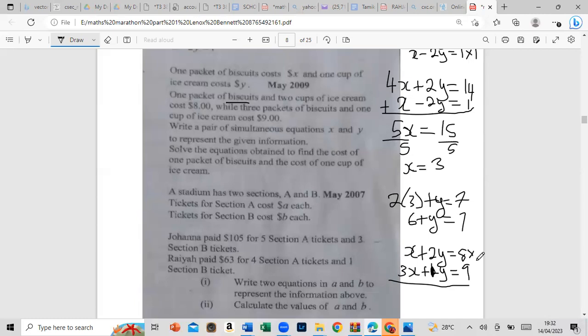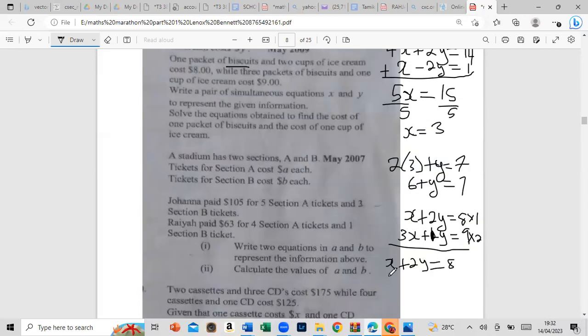Multiply by 1 and then multiply by 2. So 1 times anything is anything. And then 2 times 3, that is 6. 2 times 1, 2. And 2 times 9, that's 18.